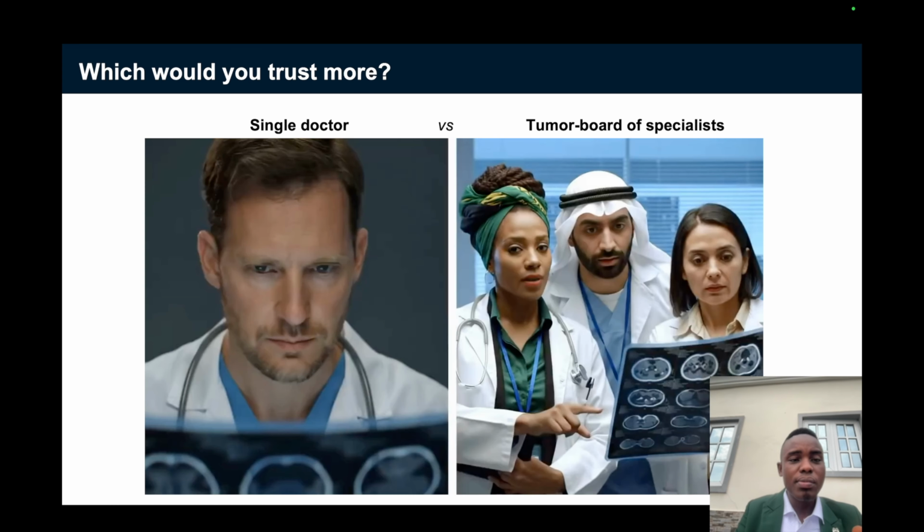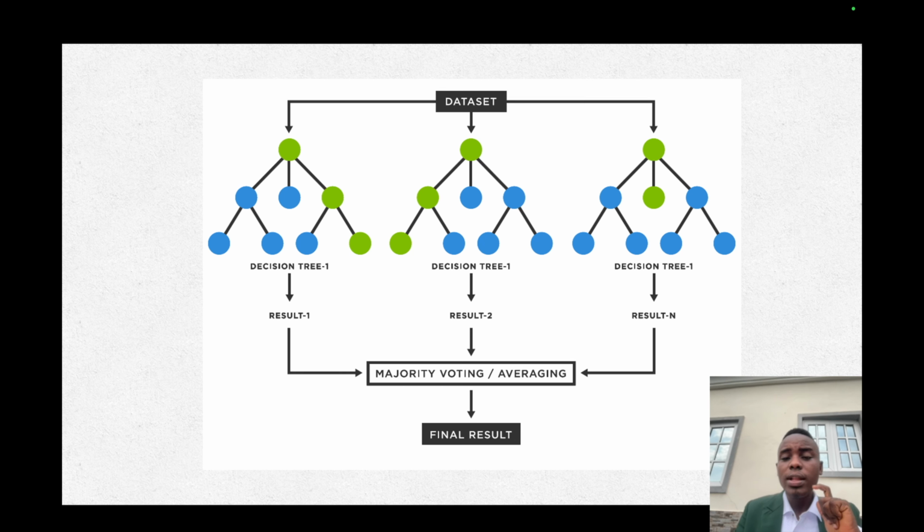Now, I hope you are following me, right? Please let me know if you are following this. So we've been able to establish now that ensembling has to do with having a tumor board of specialists, a tumor board of models, trying to make a decision on your data, on your output, as opposed to having a single model making that decision.